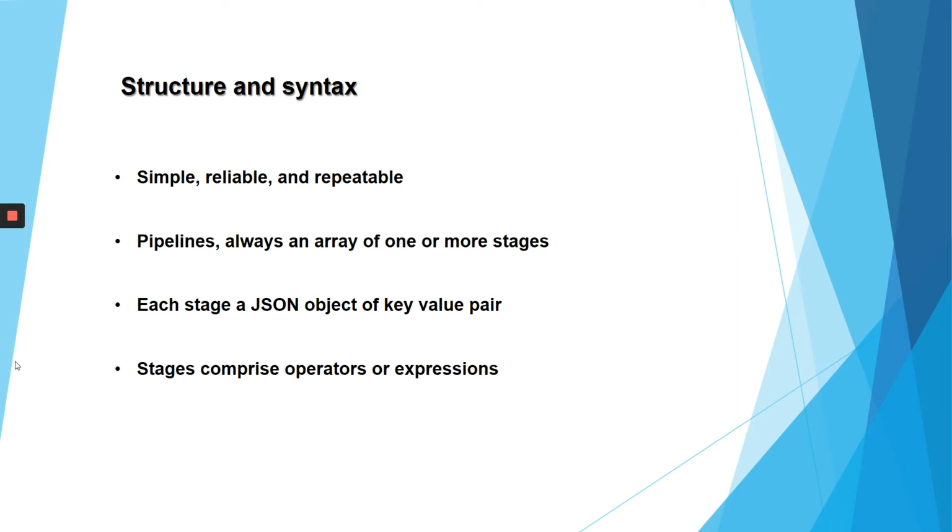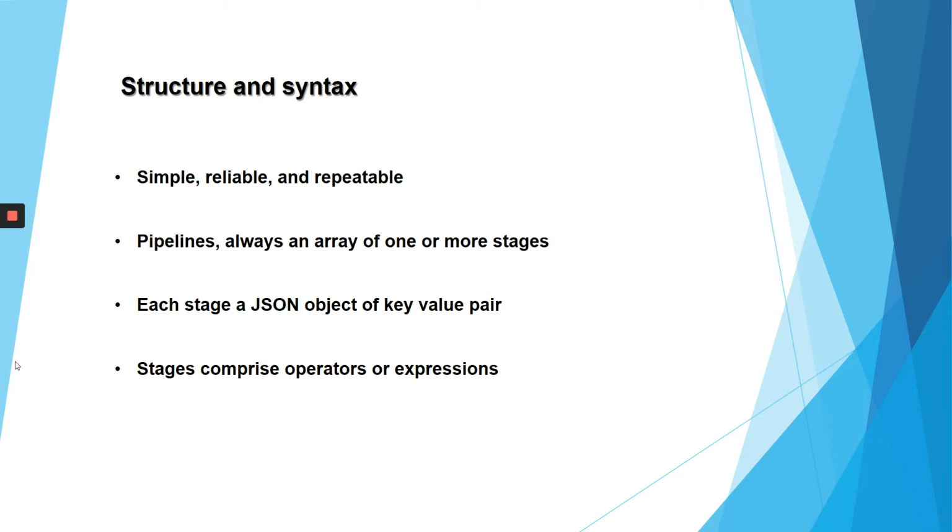Now, throwing some light on the structure and syntax of the aggregation framework. It has a simple and reliable structure and repeatable syntax. Pipelines are always an array of one or more stages.